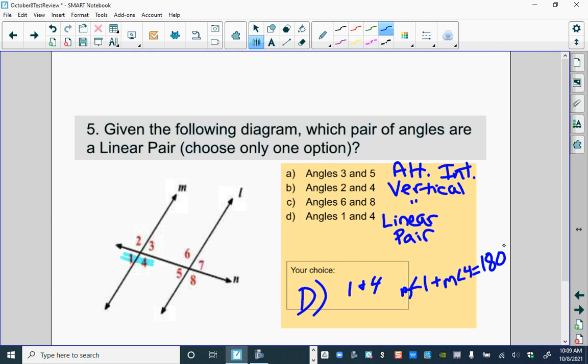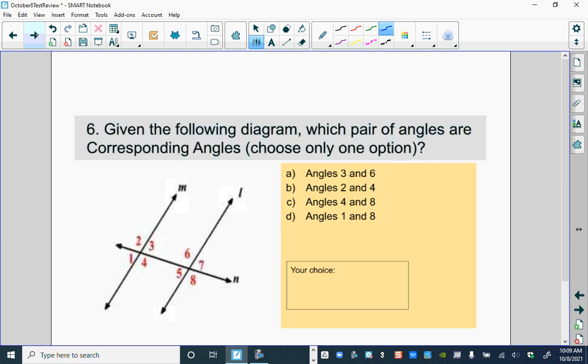We're losing some serious points. All right, questions on number 5? What about number 6? Which pair of angles are corresponding angles?